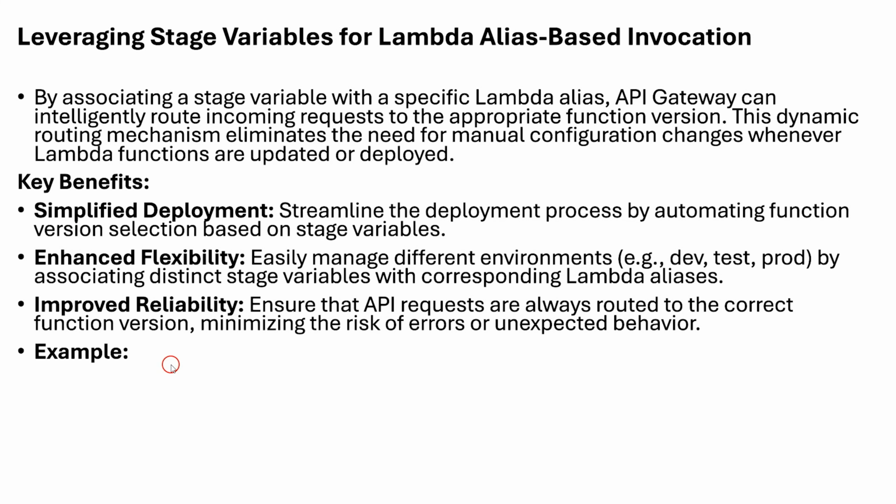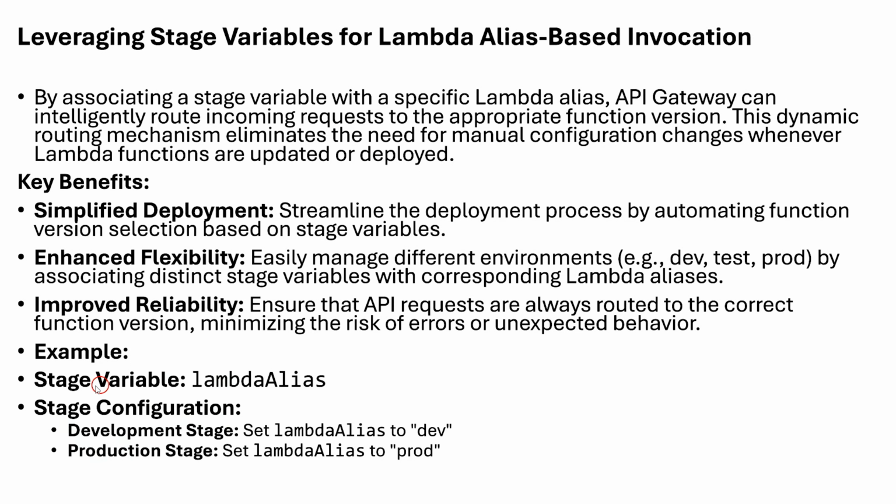And if you see the example, for example, you have a stage variable called lambda alias. In the stage configuration, if you observe, there is a development stage and a production stage. As I said, we can create n number of stages. Here we have two stages. In the development stage, I set lambda alias as dev, and in the production stage, I set lambda alias as prod.